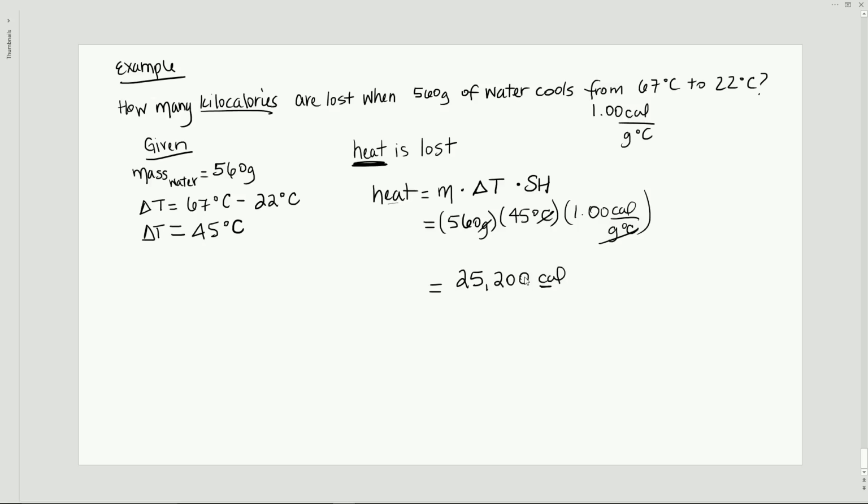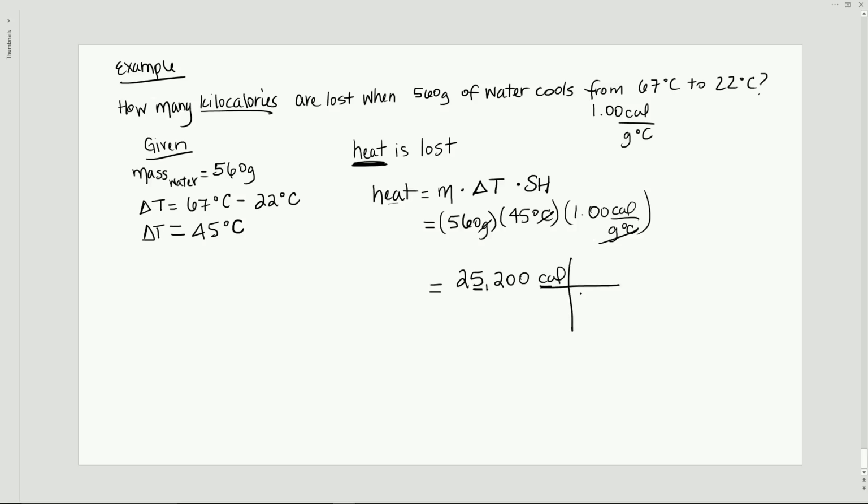Okay, so our significant figures here would be 2, because 560 has 2 sig figs, and so does 45. The specific heat is an exact number. So I'm going to mark the 5, but I'm not going to round to get the sig figs yet, because we need to convert to kilocalories. Okay, so just keep track of your sig figs, and we're going to go ahead and convert.